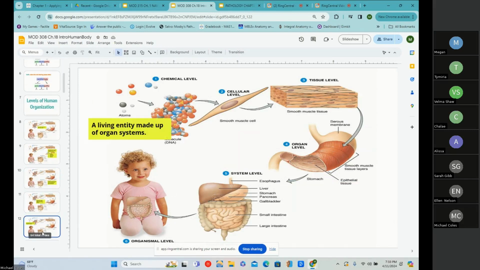And then you put all the organ systems together, and then it makes up a living human, frog, cat, whatever. Right? So that's how we are built. So understanding that each cell has a nucleus, has its own function and its own communication, and it's going to talk to the other cells in other parts of the body.